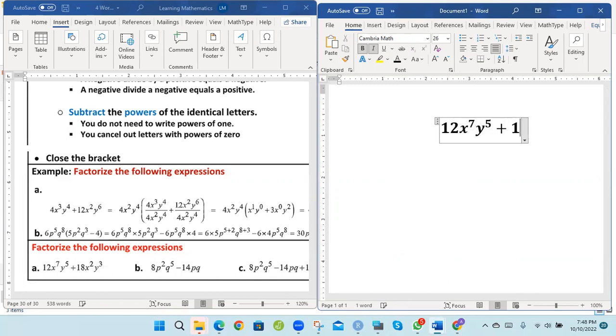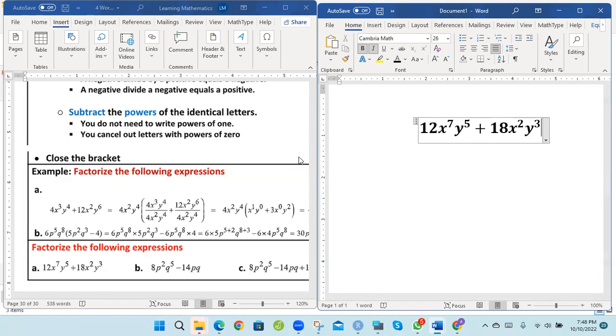Plus 18x raised to the 2 times y raised to the 3. So now you've got two terms and you'd like to factorize those two terms.